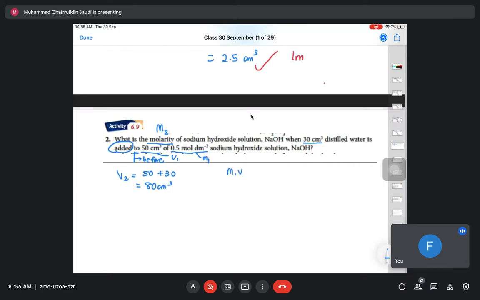And then we will use our formula again. M1 is 0.5, V1 is 50, V2 is 80. And your answer is 0.3125 mole per dm cube.